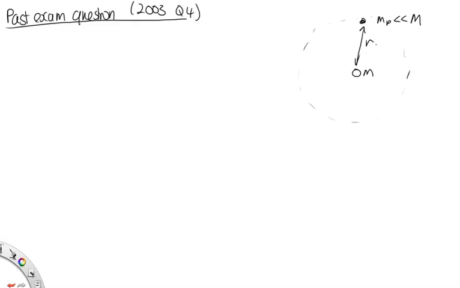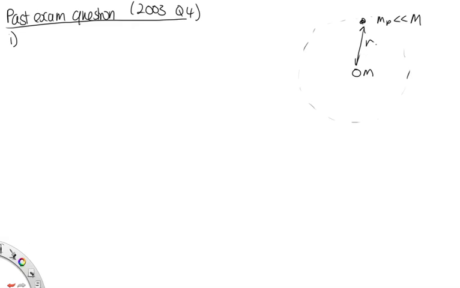So part 1 of the question asks us to derive the relationship between the radius r of the orbit and the speed v of the proton in the gravitational orbit around mass m. To do this, we're going to have to consider the forces. The only force acting on this proton is the gravitational force from the black hole here.